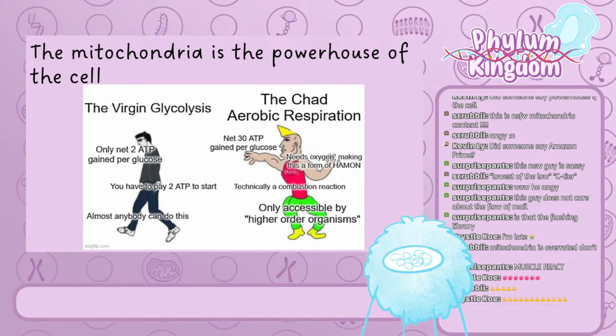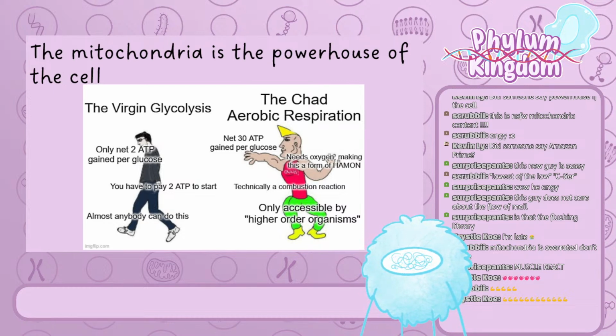Technically, you are literally burning up that sugar because what you put in is some carbon and oxygen, and what you get out is carbon dioxide and water, making you little bits of little machines. Cool.